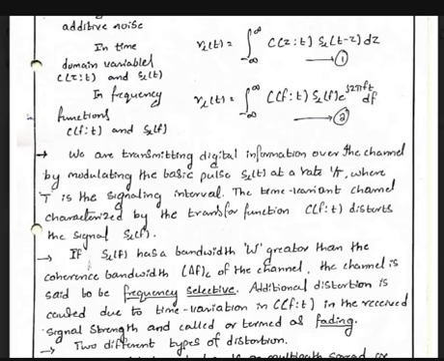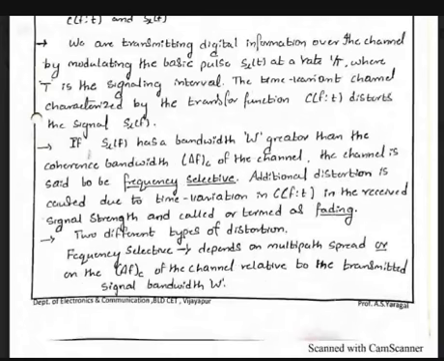Now if there is an additional distortion due to the time variations in the particular channel, in the received signal strength, it is called fading. Okay, the additional distortion introduced or caused by the time variation in the received signal strength is called fading.